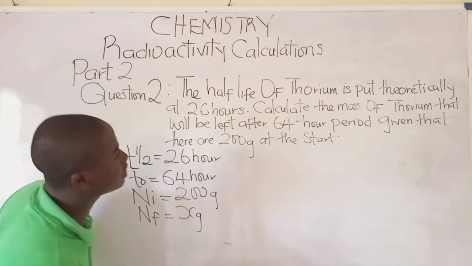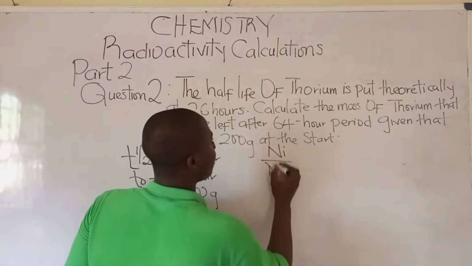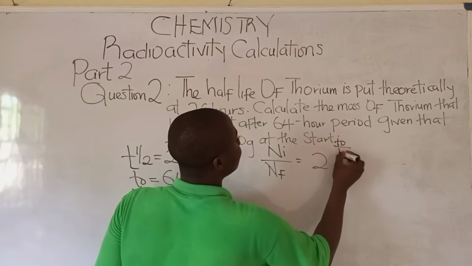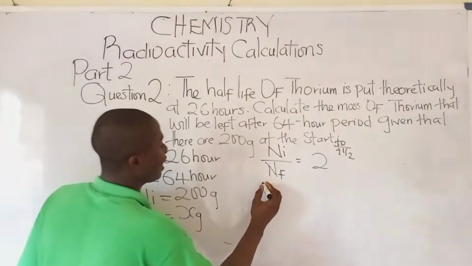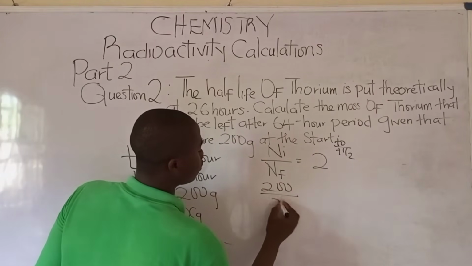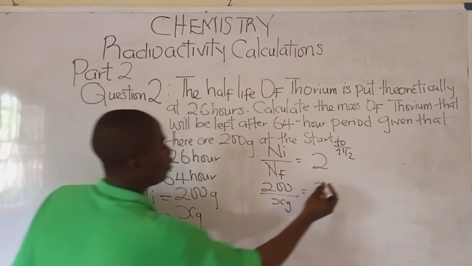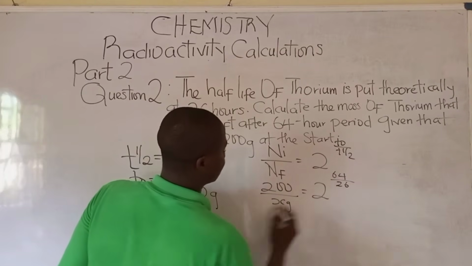So what becomes the mass? Recall the formula I gave. It is Ni over Nf is equal to 2 raised to the power of T naught over T half. So the question is asking us to get Nf. What is Ni? Ni is 200 grams all over Nf, which is X grams, is equal to 2 raised to the power of T naught. T naught is 64 all over T half, which is 26.